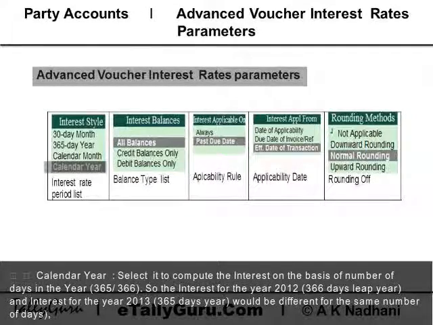Select calendar year to compute the interest on the basis of the number of days in the year, 365 or 366. So the interest for the year 2012, which has 366 days for a leap year, and interest for 2013, a 365-day year, would be different for the same number of days.